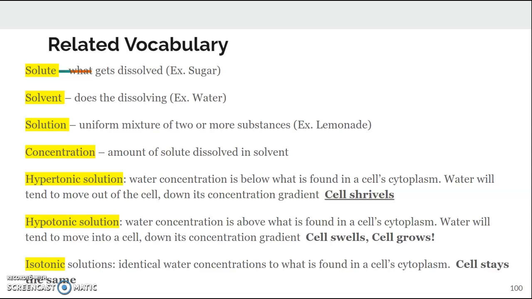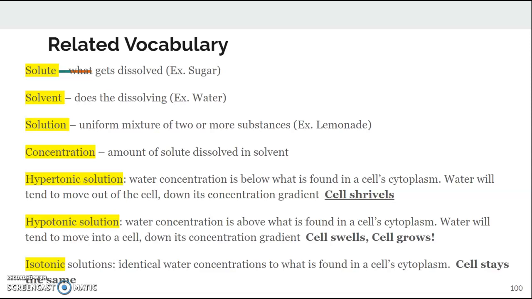Hypertonic solution is a solution in which the water concentration is below what is found in the cell's cytoplasm. All right, so water will tend to move out of the cell, down its concentration gradient, and that's going to cause a cell to shrivel. A hypotonic is when the water concentration is above what is found in the cell cytoplasm. So there is more water outside the cell than is inside.